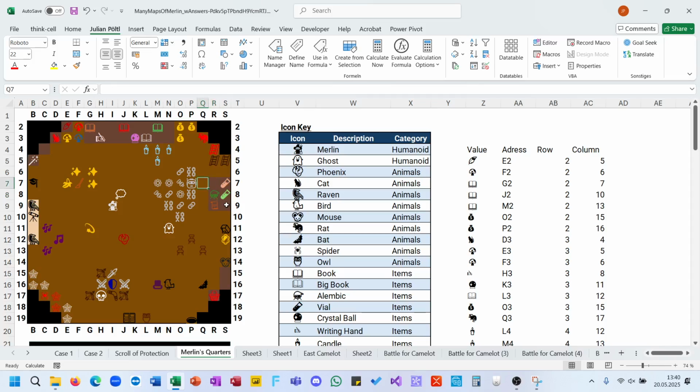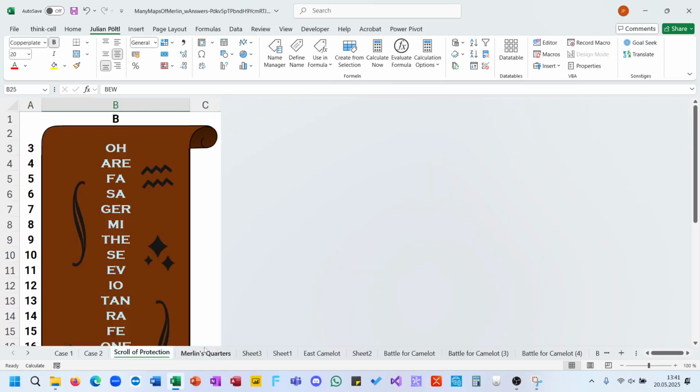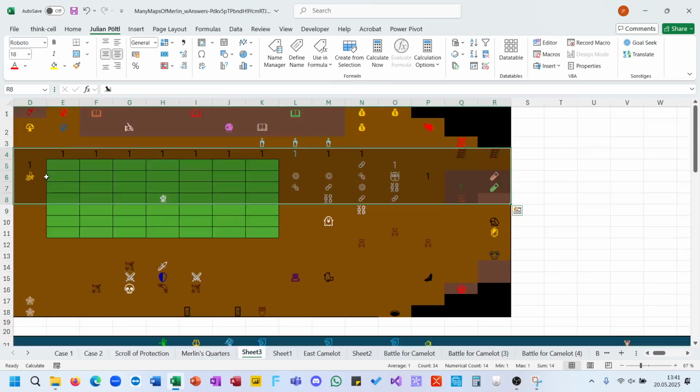1, 2, 4, 5, 6, 7, 8, 9, 10, 11, 12. Okay, 14, and those cell counts. The starting cell not, but the landing cell they count.